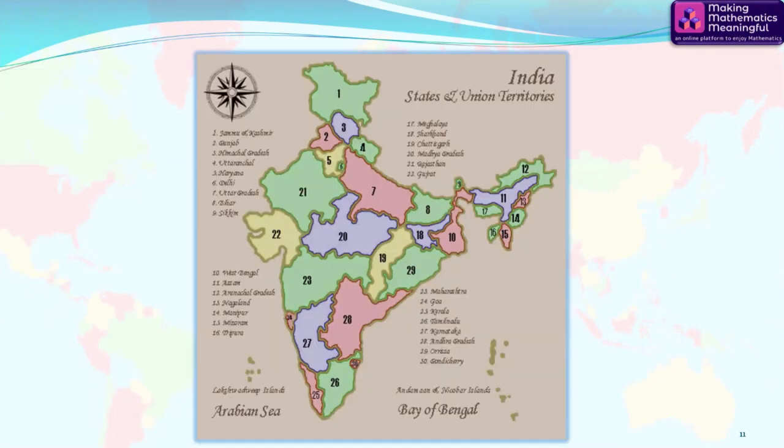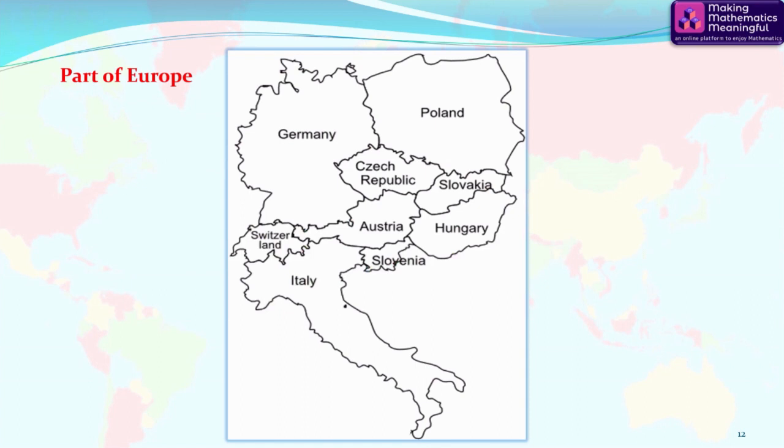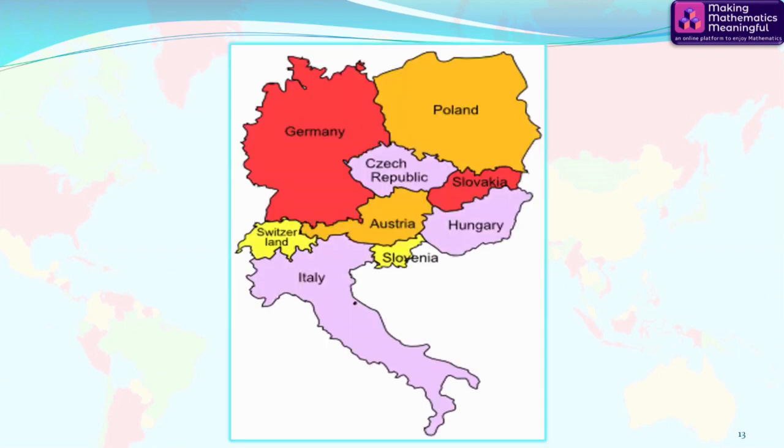Here also you observe that we need only 4 colors to color the map of India. Let's say here is a part of Europe. You can again check it out, only 4 colors are sufficient.